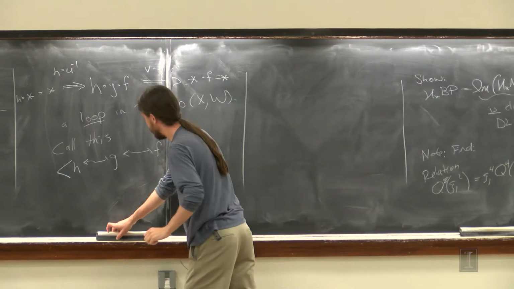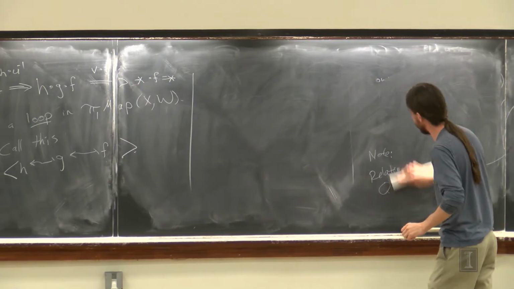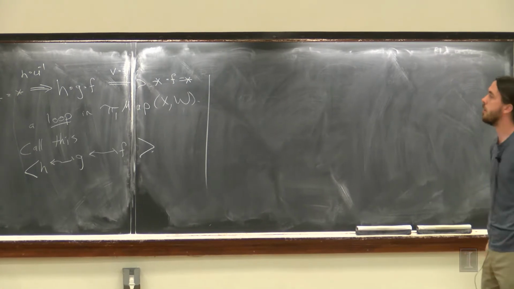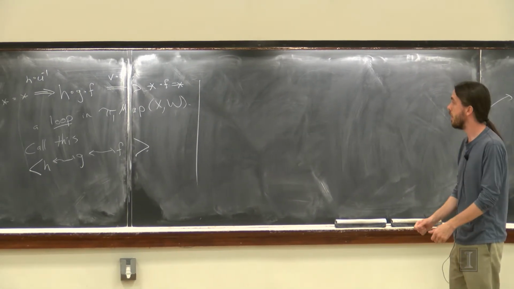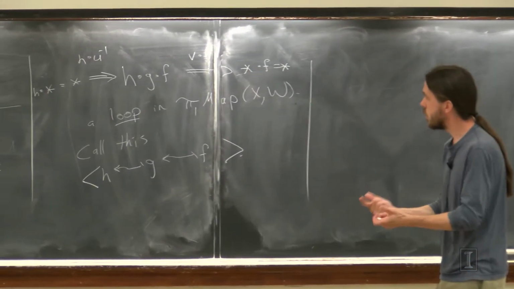Okay, so unfortunately, such a secondary composite is always defined if we know that G composed with F is null homotopic, and if we know that H composed with G is null homotopic. But the exact element in pi1 depends on our choices.